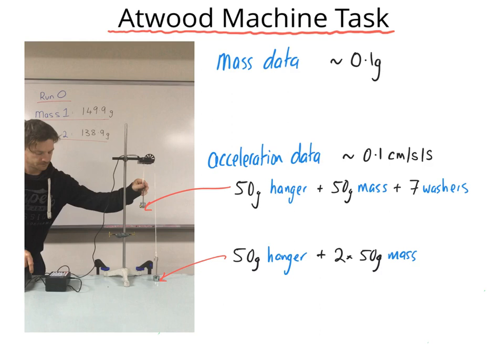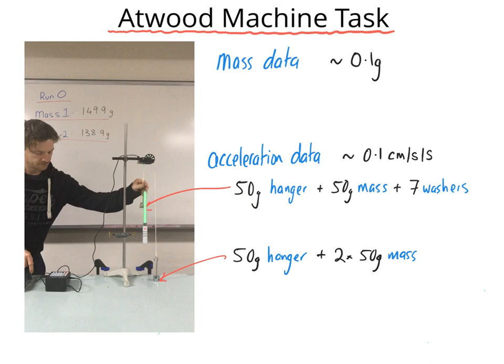What that means is, if I have a very low mass, I'm going to obtain a very high acceleration that my pulley and smart timer will struggle to measure. So I've added extra mass here to reduce the acceleration I'm going to record, to enable me and my device to record it accurately.